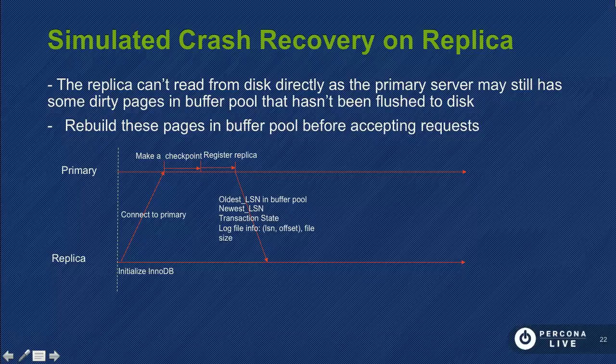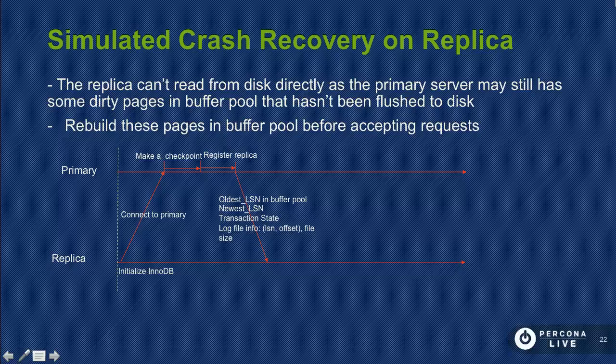After that, it sends the first packet to the new replica, which includes the oldest LSN in the buffer pool as the initial value of the applied LSN on the replica, and the newest LSN, which means after applying up to this position, reading is safe.